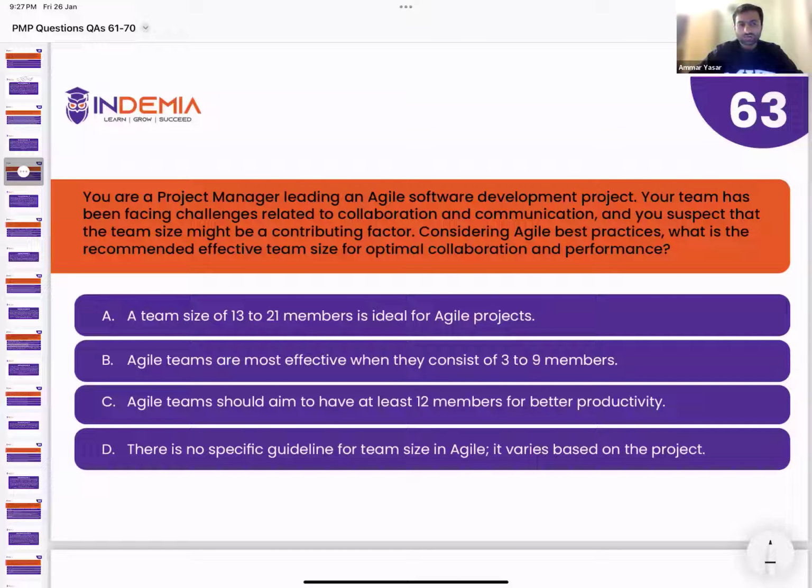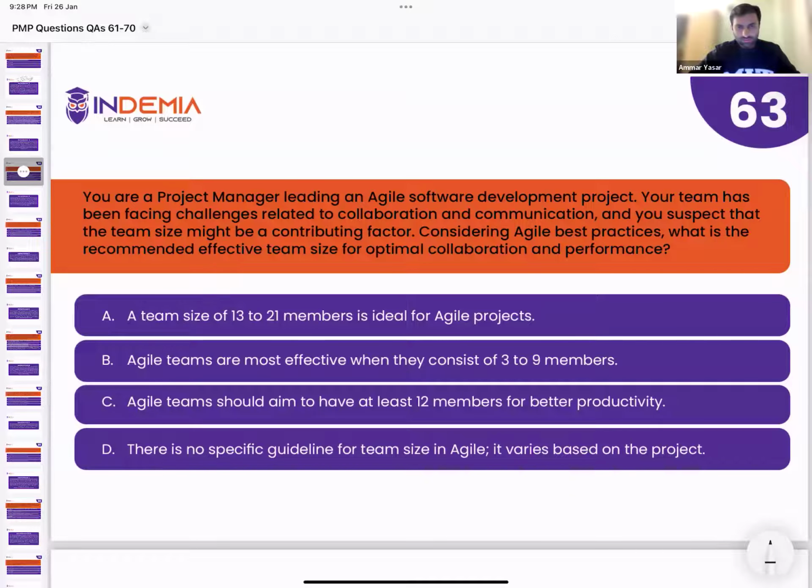And you might have heard the two pizza rule by Jeff Bezos. It says to create teams that are no larger than can be fed by two pizzas. So we call that the two pizza team rule. So the smaller the team size, the better the collaboration. And the number is clearly mentioned in the book as well, if you have read the book. It is 3 to 9.